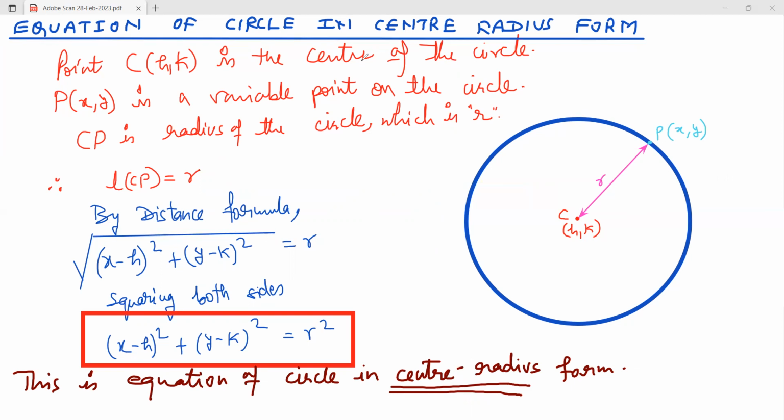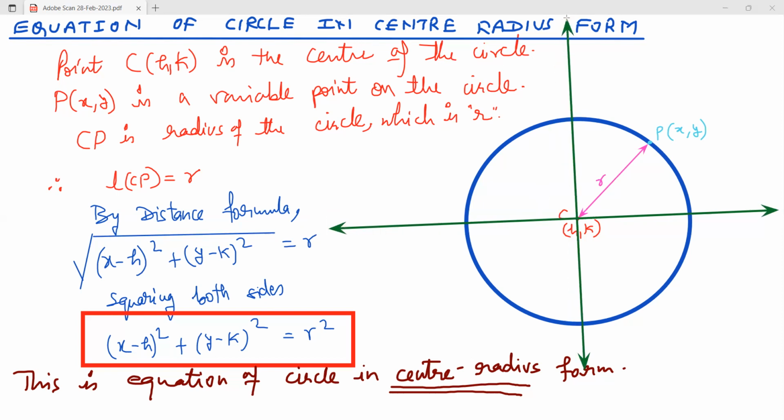Students, think, if the x-axis and y-axis are such that the center of the circle lies on the origin.